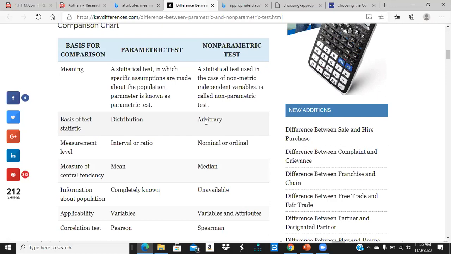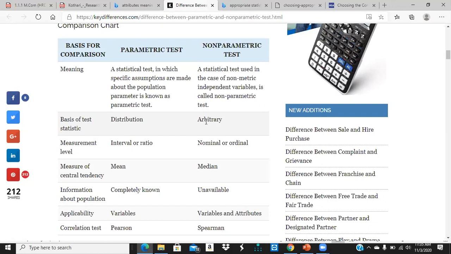But in a non-parametric test, arbitrary means we are attaching values to variables. For example, gender. In gender, we assign the value 1 for male and 2 for female. This value does not represent an exact value. We are just giving it, especially in the case of nominal data.